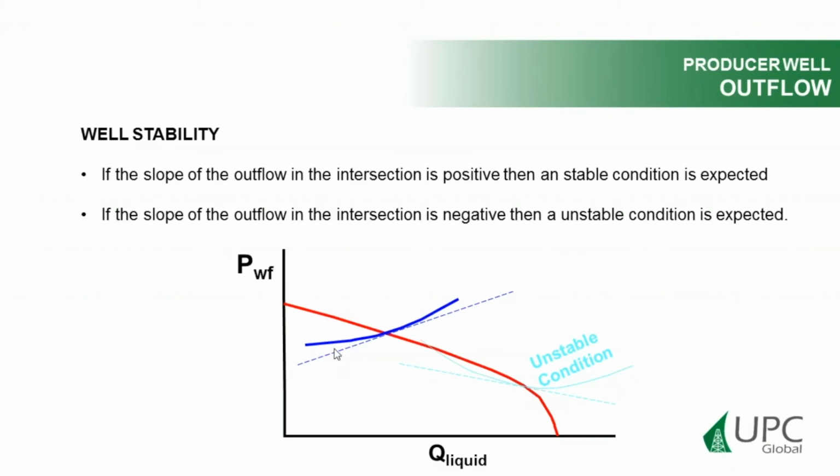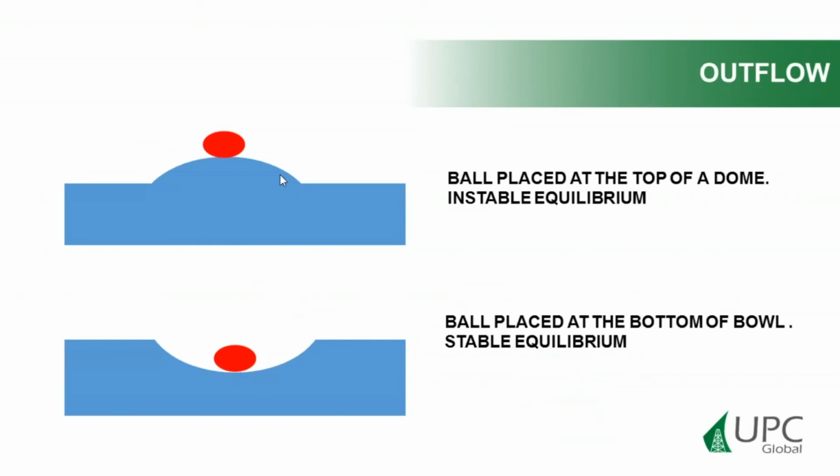While there is no liquid loading, there is no liquid accumulated at the bottom, everything is dragged to the surface. So that is a stable condition. To understand this, consider these two cases. This is a ball placed at the top of a dome. That is a steady state condition, but it's an unstable equilibrium. What does that mean?